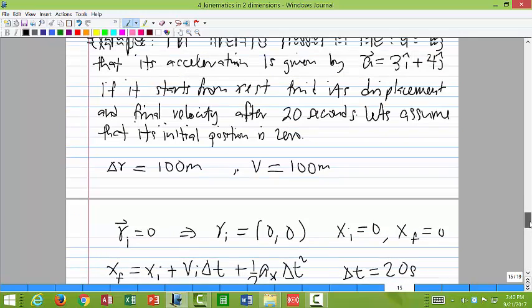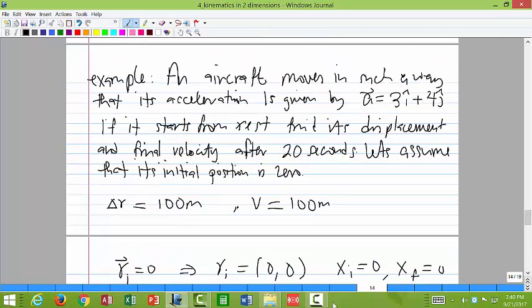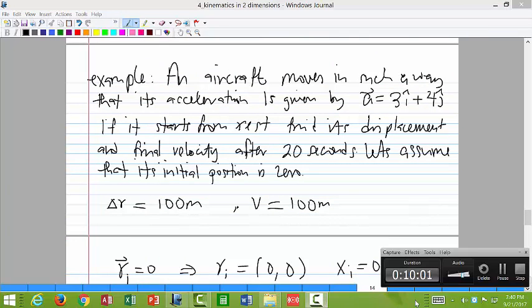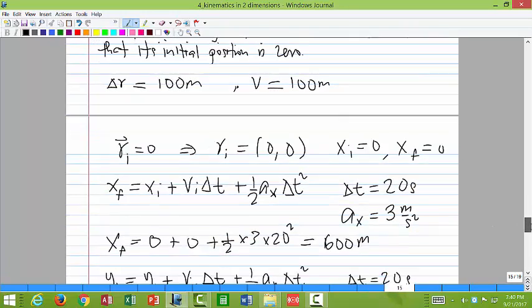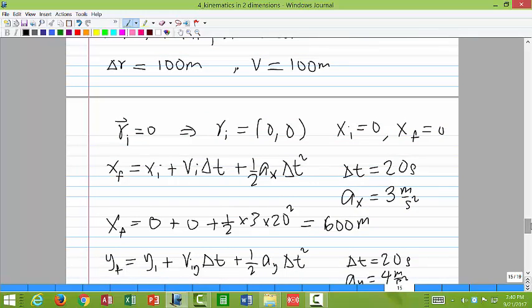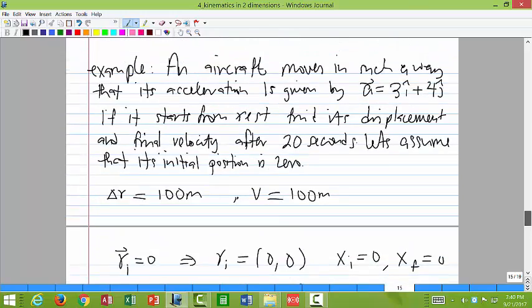So let's give you a few minutes to do this. After you've spent a little bit of time working on this, the answers that we have are the displacement delta r is 100 meters and the velocity v should be 100 meters per second.